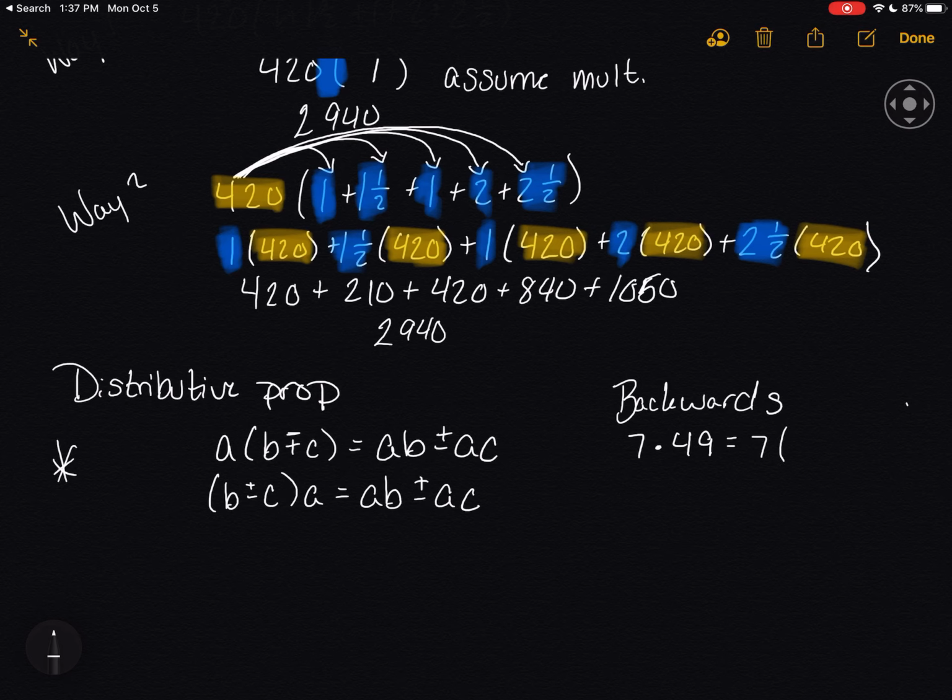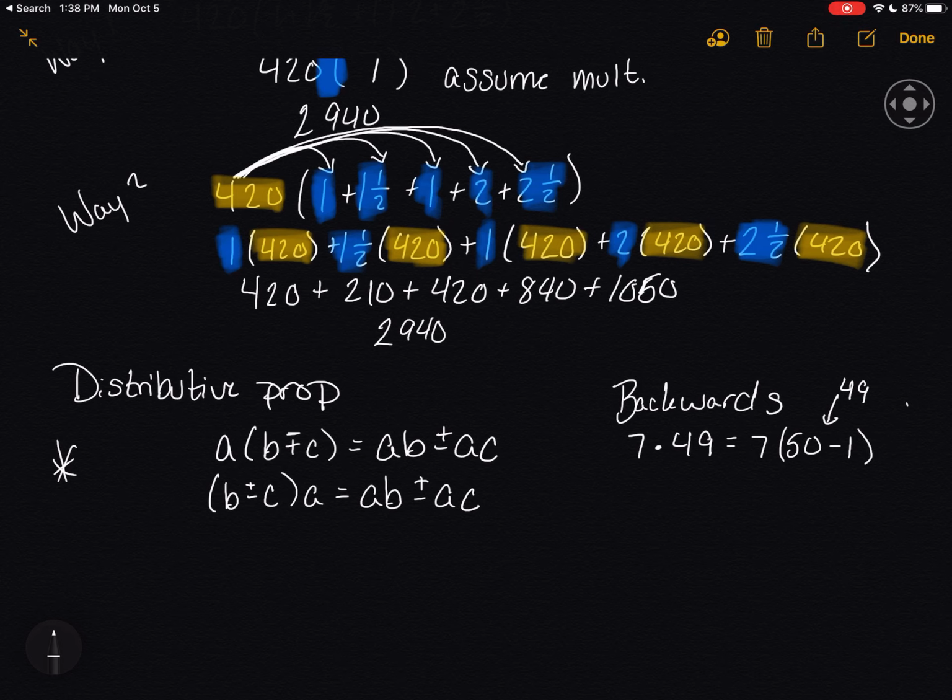I'm leaving that first one alone, so 7 stays, and then I'm using 50 minus 1. It would give me the same thing because 50 minus 1 does give me 49. And I could use either method that we used at the very beginning of the video to go backwards.